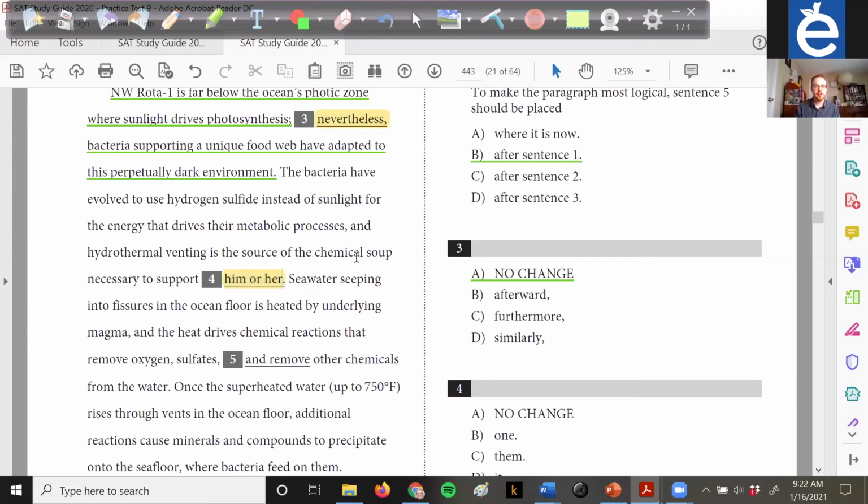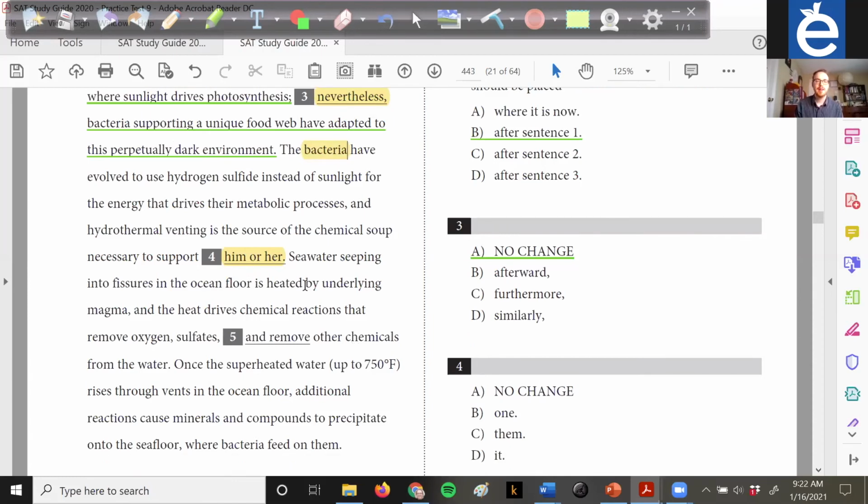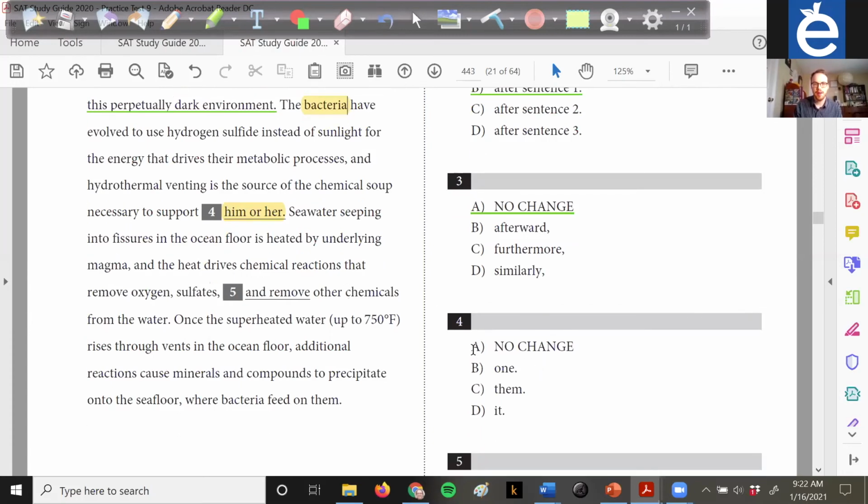So what should "him or her" connect to? What's the actual subject of this sentence? Necessary to support what? To support the bacteria. Well, bacteria doesn't really have gender, and it's also plural. "Him or her" is being used in a singular, gender-specific way. So I don't like A.